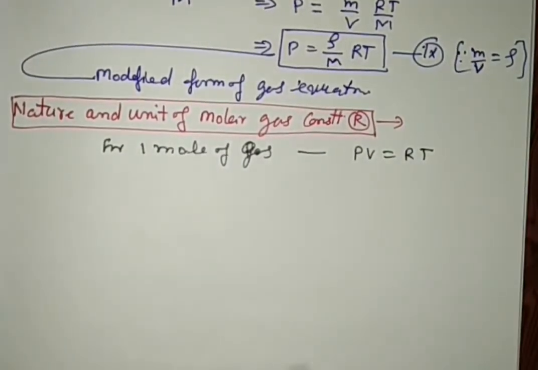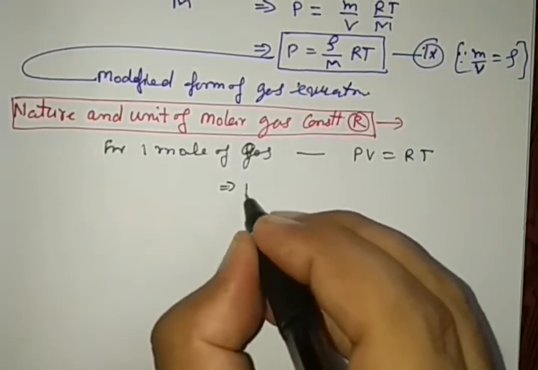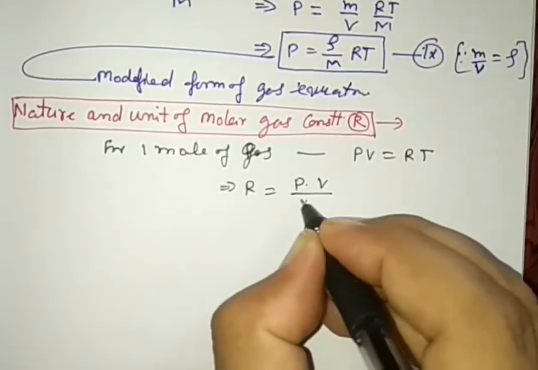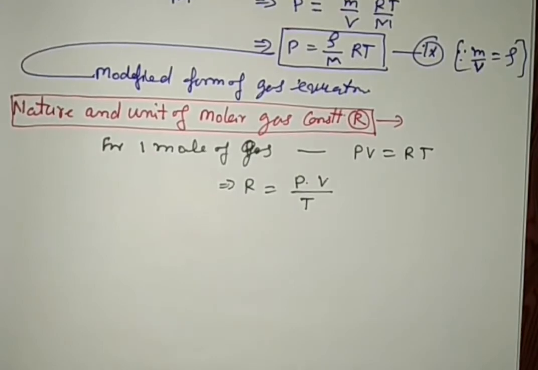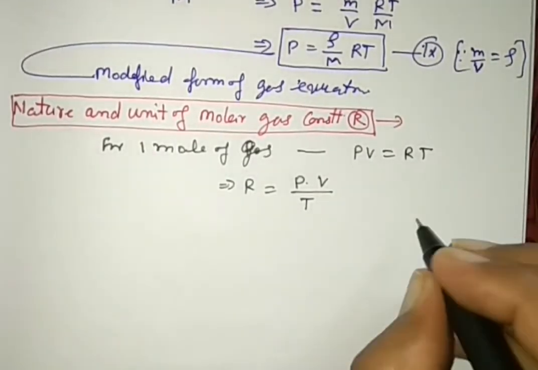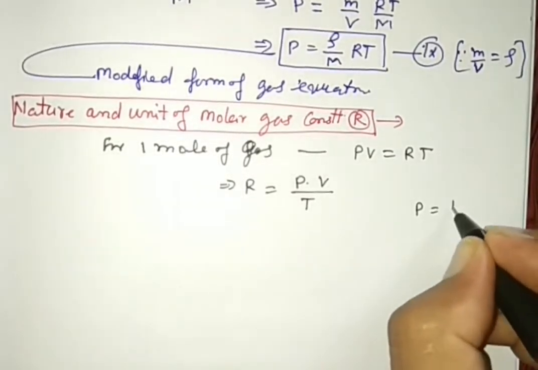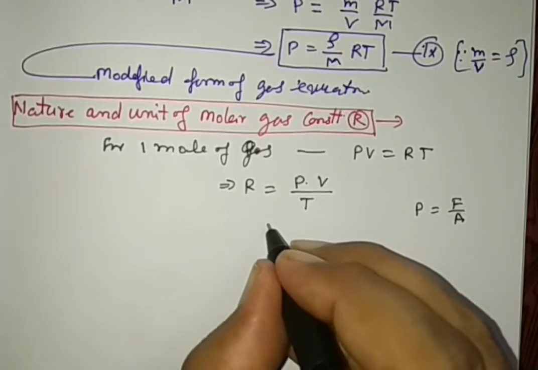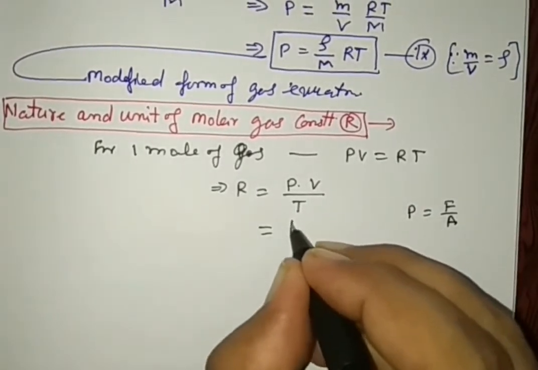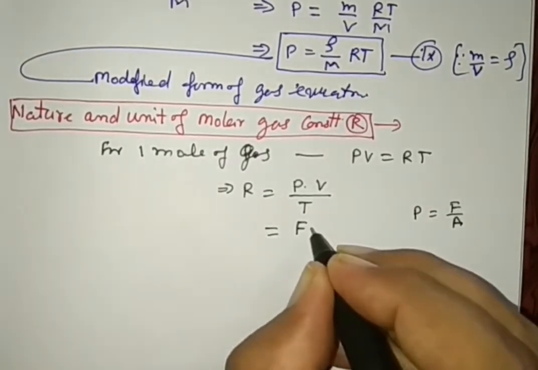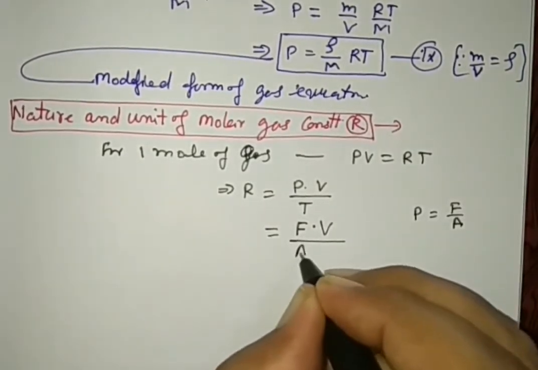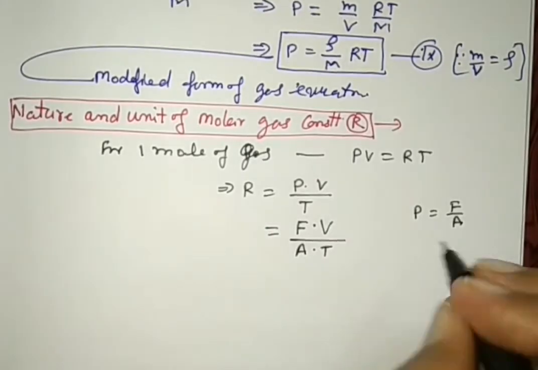For it, R can be written as pressure into volume by temperature. Since we know that pressure is equal to force upon area, we may write R is equal to force into volume by area into temperature.